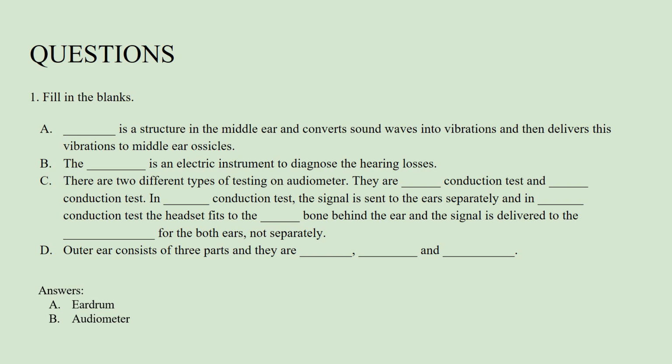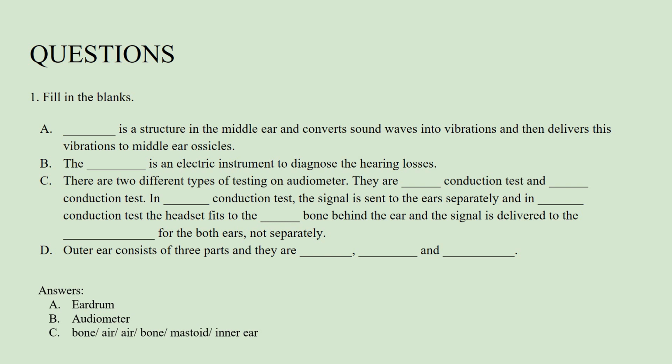In the air conduction test, the signal is sent to each ear separately. In the bone conduction test, the headset fits to the mastoid bone behind the ear and the signal is delivered to the inner ear for both ears, not separately.